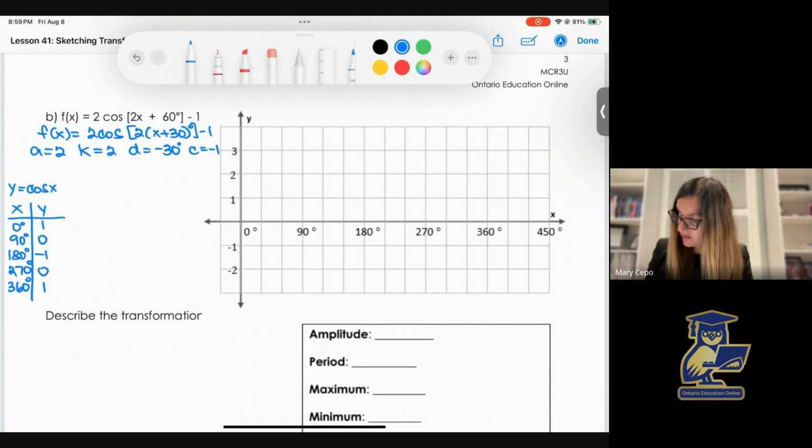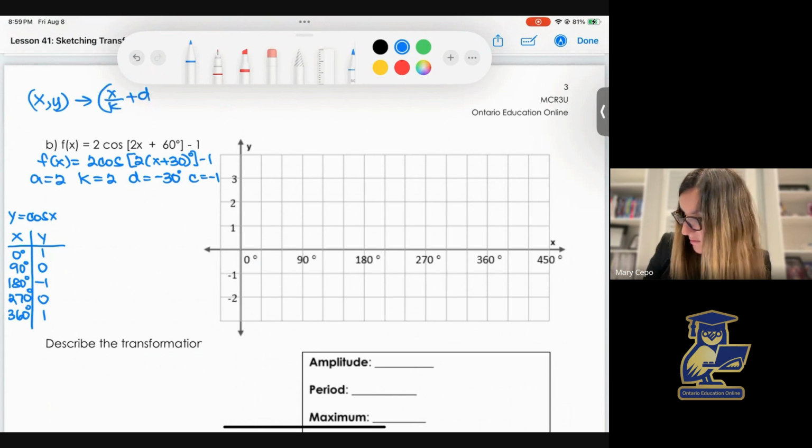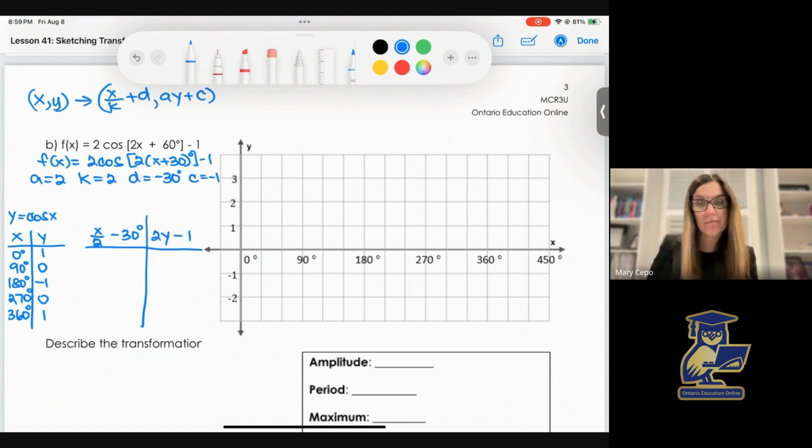Okay, so using mapping notation, again keeping in mind x, y, it's always x over k plus d, a y plus c. So x over 2 plus my d, which is -30 degrees, y times 2 minus 1.